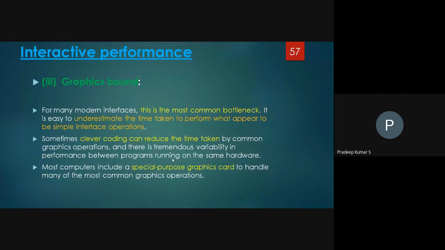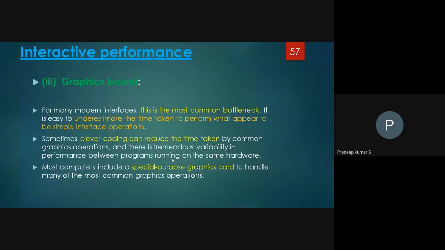Then only it is helpful to run the program in the PC with the same hardware configuration. Within the same hardware configuration, I want to run the complex application well, so I have to use clever coding, a beautiful algorithm. Likewise, we have to design the algorithm.